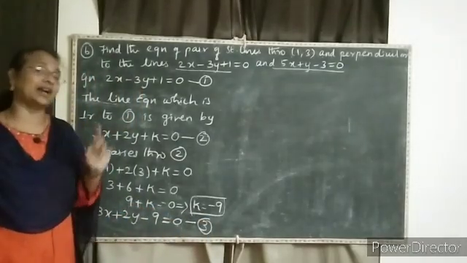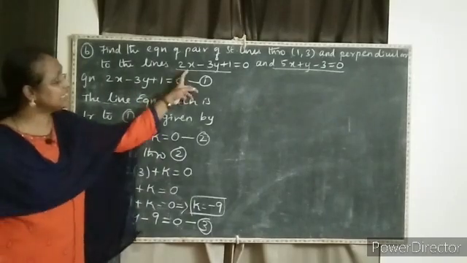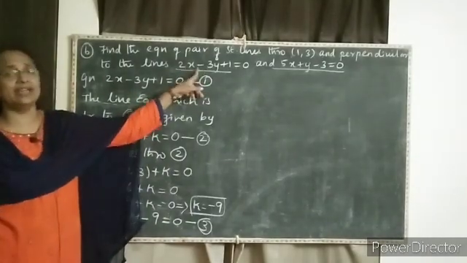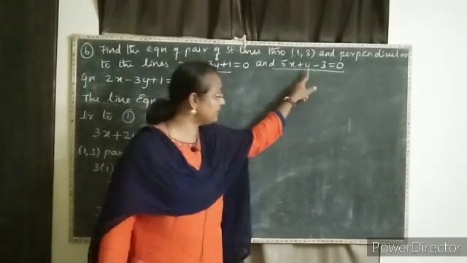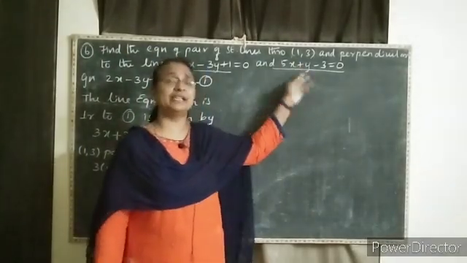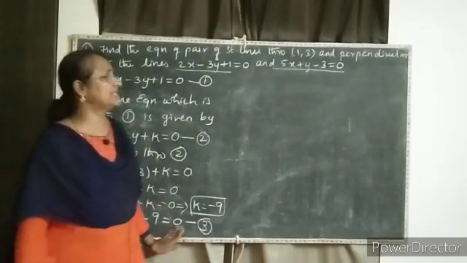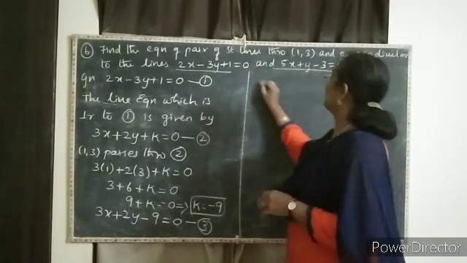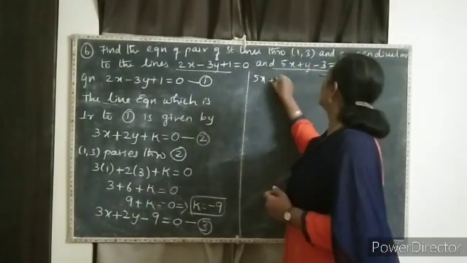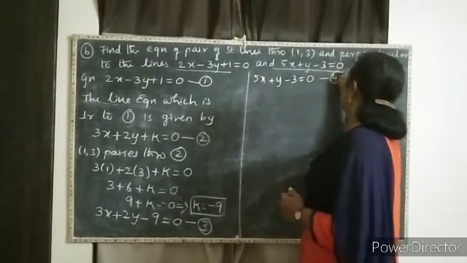Now I have found the equation which is perpendicular to this given equation. So now one more equation is here. So again for this equation I am going to find the perpendicular equation with the same procedure. So now let us take this equation 5x plus y minus 3 equal to 0 as the fourth equation.